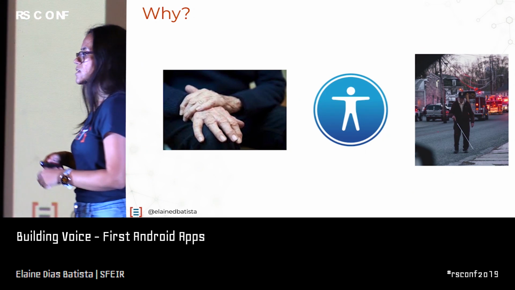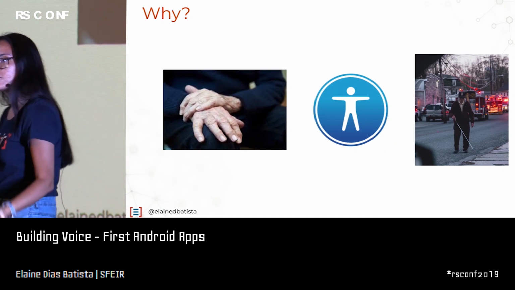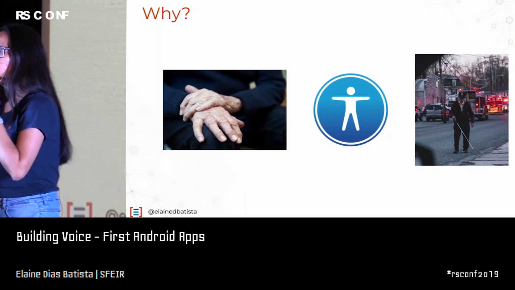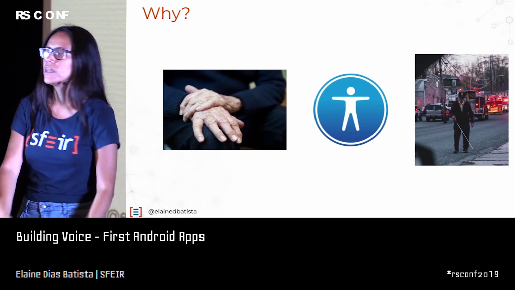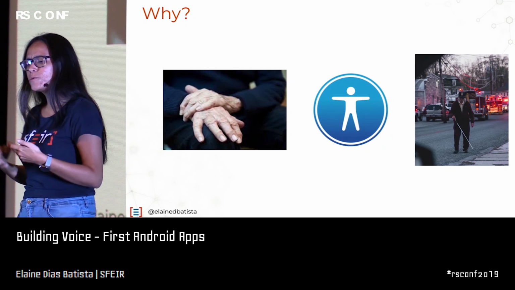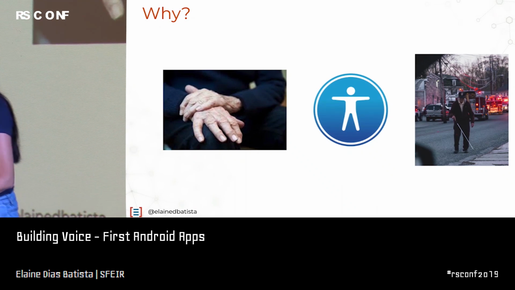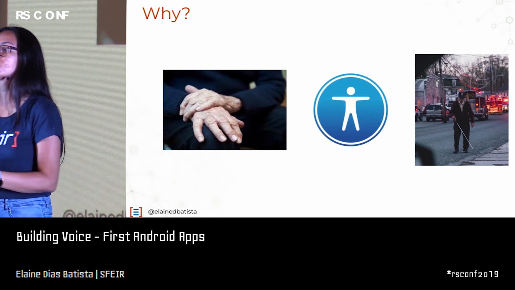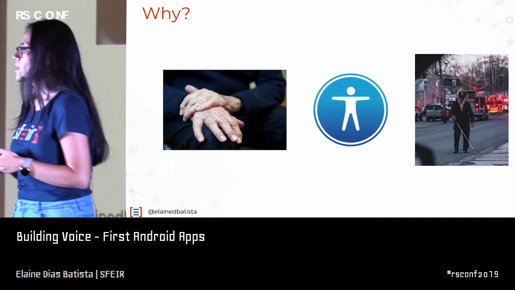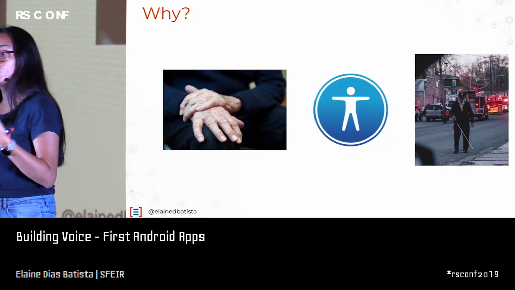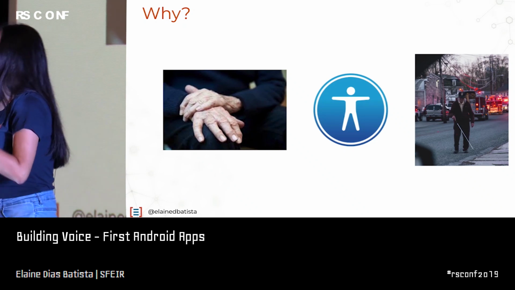The second reason is that voice interactions inside an app or with technology in general, it's one of the most accessible ways that you can interact with technology. There are people today that have maybe some dexterity problems or have some move problems or eyesight problems that cannot interact with technology with the ways that you and I can. And those people, they can do it through voice. Either with the Google Assistant or inside an app.